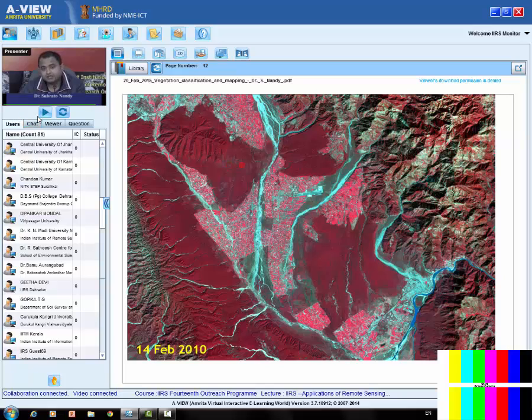But if I use the same interpretation key, I cannot classify these areas as shifting cultivation areas because this is not practiced in Uttarakhand and Doon Valley. So basically, what I mean to say is, even if the tone, texture, association, size, shape, everything is the same, because of location I can identify different objects.